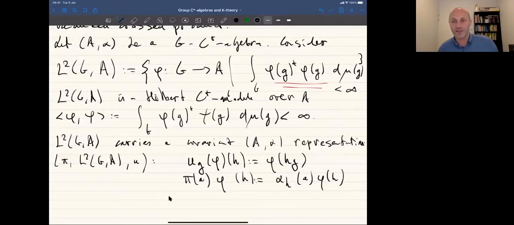Now you can check that these satisfy the definition of a covariant representation.